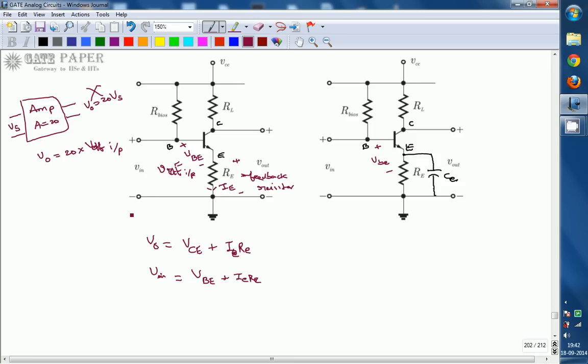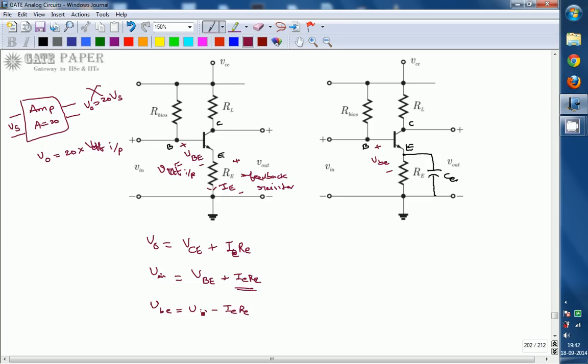So it is not the applied voltage, it is only the voltage which appears across base and emitter. Now from this, since RE is present, you can write VBE is equal to V input minus IE RE.